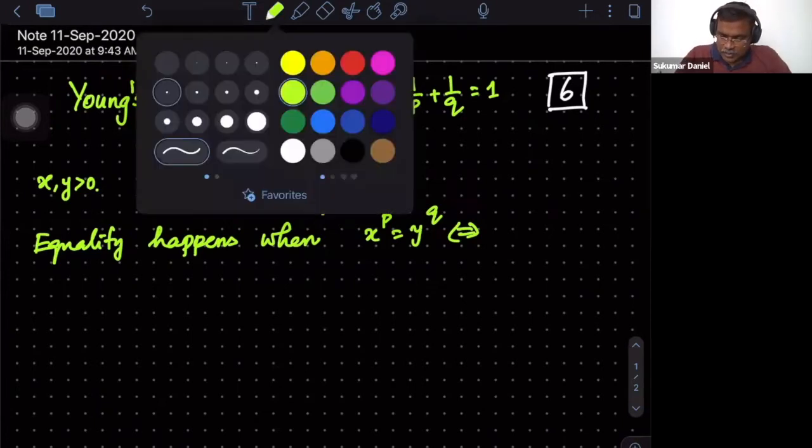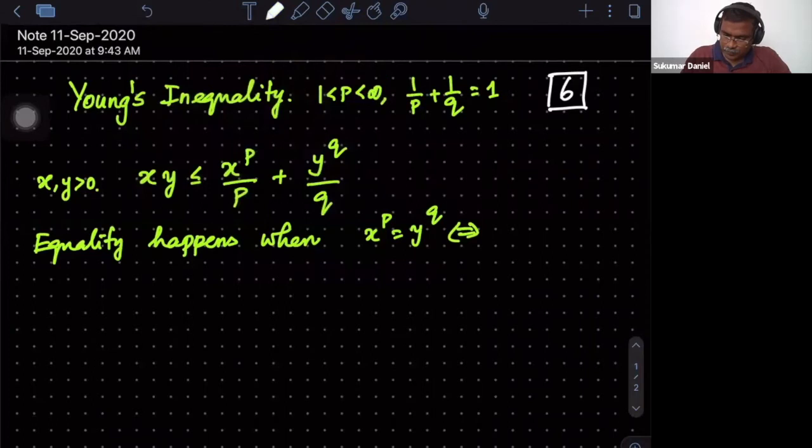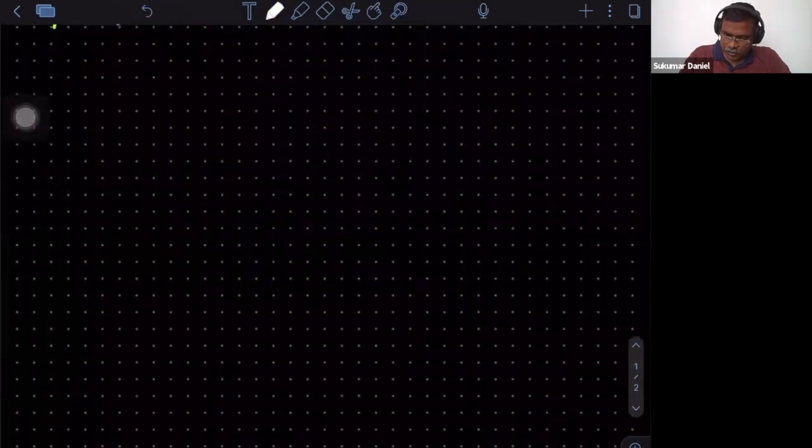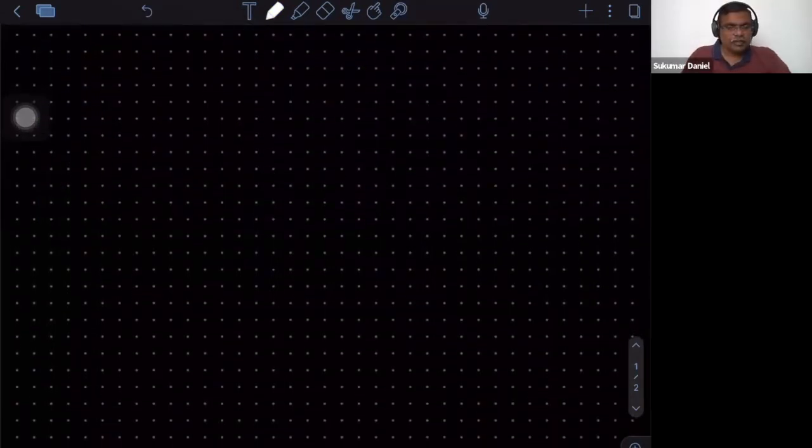And in the last class, I also asked you to look at the following graph. How many of you could get that if f is an increasing function and f at 0 is 0? So I'm considering only the positive side of it.